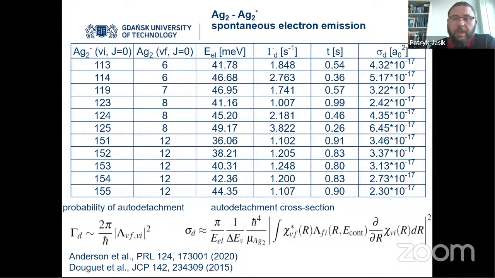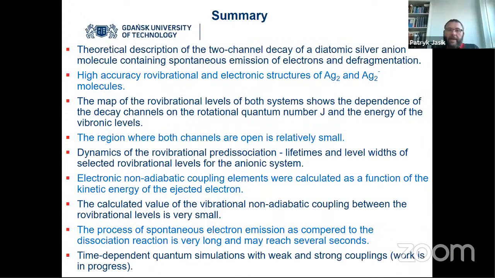So to summarize, we calculated potentials. We obtained very high accuracy ro-vibrational and electronic structure.